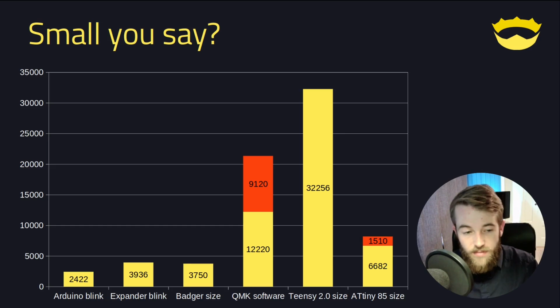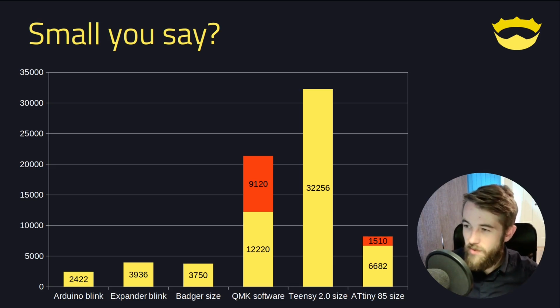And the blink is basically just turn that LED on, wait a second, turn it off again, rinse and repeat. The Arduino Blink example on the Teensy 2.0 comes in at just a little less than 2,500 bytes, which is quite big to begin with. When I did that in Nim, I think I was down at like 200 bytes, something like that.